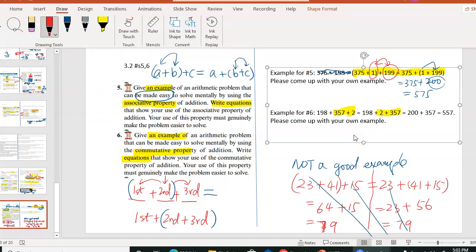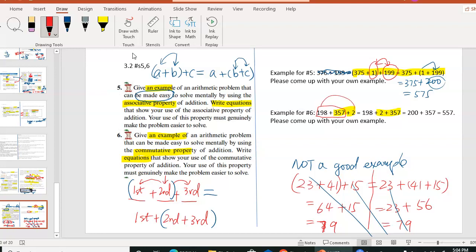Actually, we cannot avoid using the associative property. I'm just going to use this example to explain. If we follow the order of operations, we're going to have to add 198 and 357. It's not something we can do very quickly mentally, but notice there's a number 2 right here.